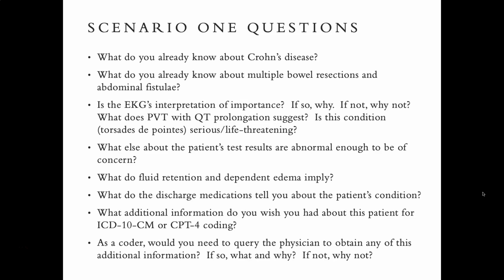So we know from the Crohn's disease, the multiple bowel resections, and abdominal fistulae, this person's going to have digestion issues. And so we're not exactly surprised when there's malnutrition. So keep that malnutrition in mind.